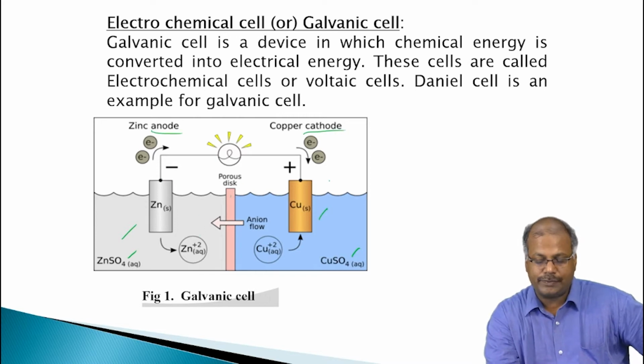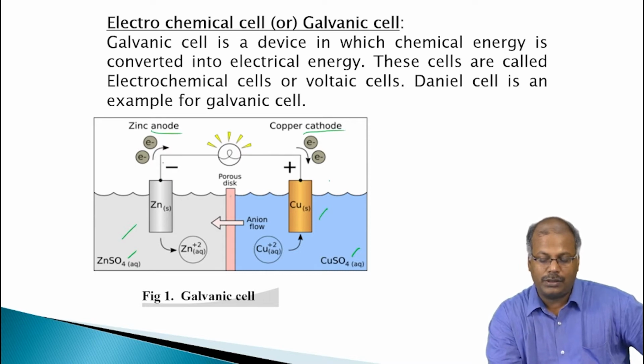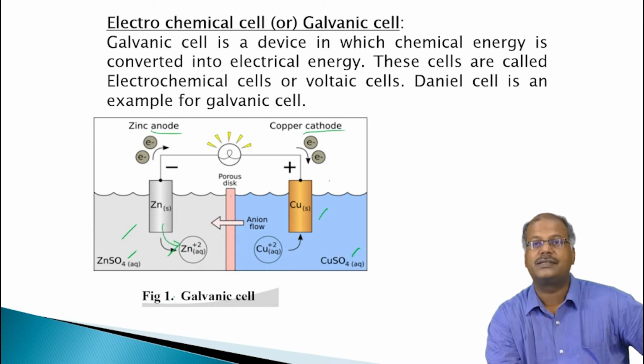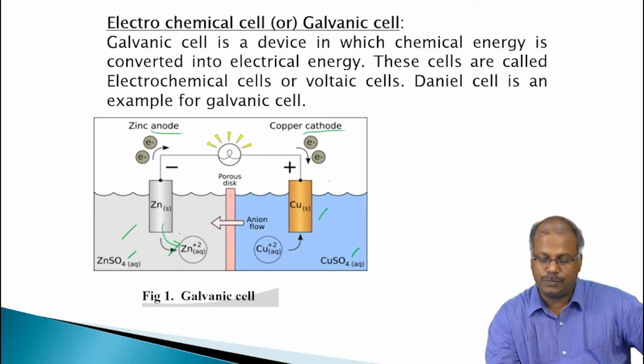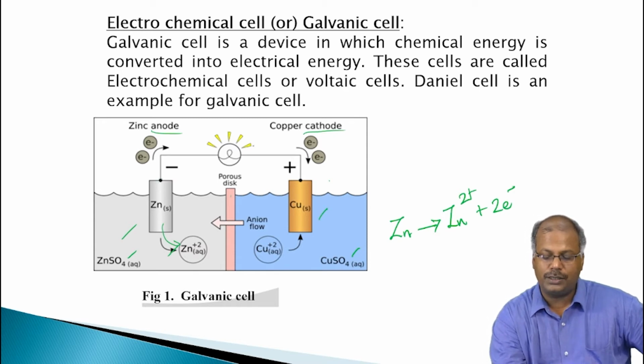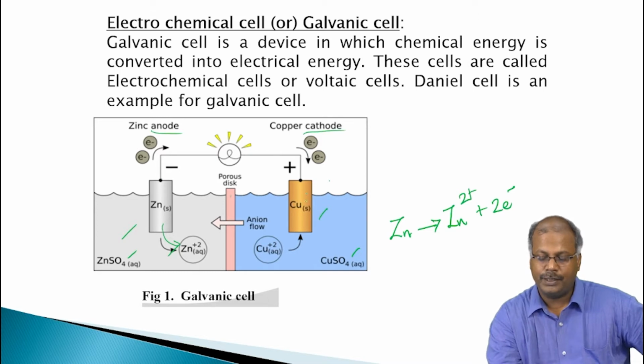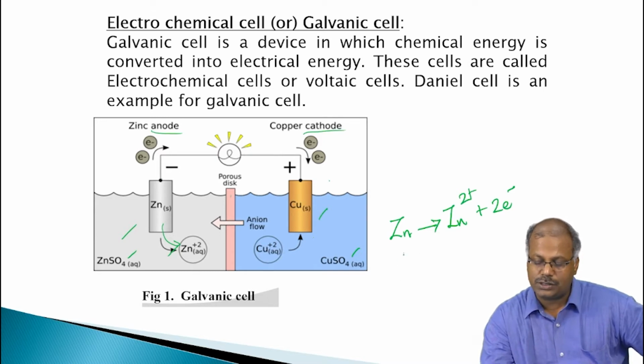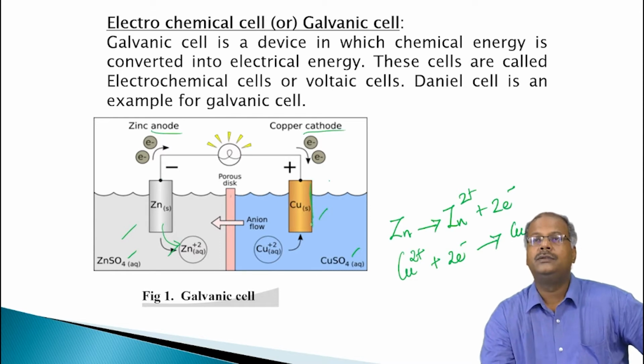So what happens here? Electrons move from anode to cathode in an electrochemical cell. How is the electron produced here? Zinc dissolves into Zn2+ ions: Zn gives Zn2+ plus 2 electrons. This is the reaction that happens here. These 2 electrons move to the cathode through the external circuit, and here the Cu2+ ions in the aqueous solution accept these 2 electrons, get reduced to copper, and are deposited over the copper rod.